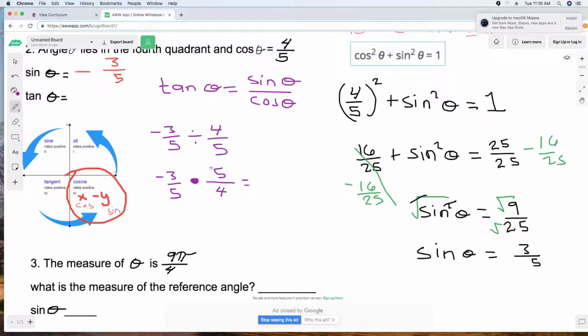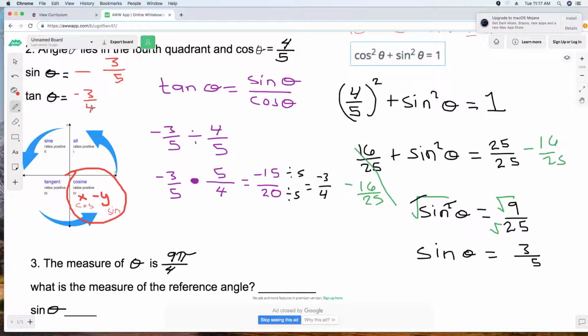Negative 3 times 5 is negative 15. 5 times 4 is 20. If you reduce this fraction, this is both divisible by 5. Your final fraction will be negative 3 over 4. That is your answer for tangent theta.